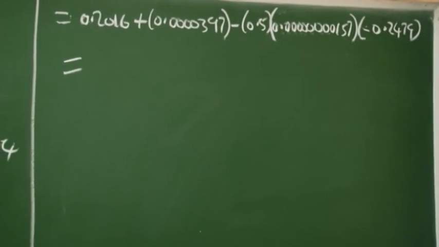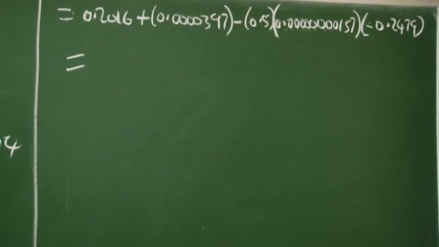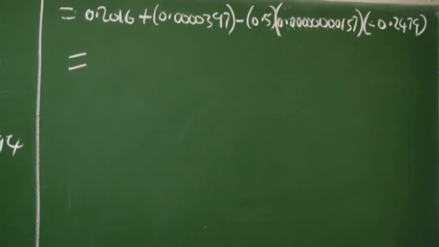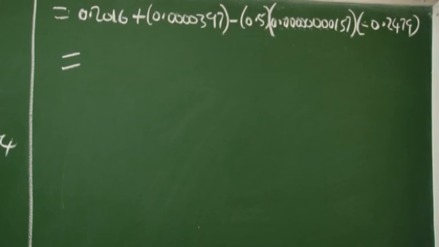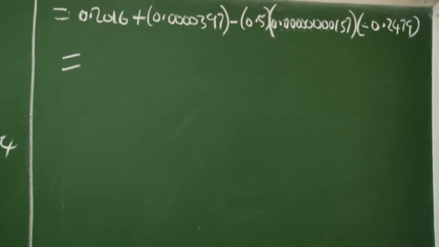Okay, so now we'll compute its steps to have 0.2016 plus 0.0000397 minus 0.5 times 0.00000000157, then minus 0.2479.